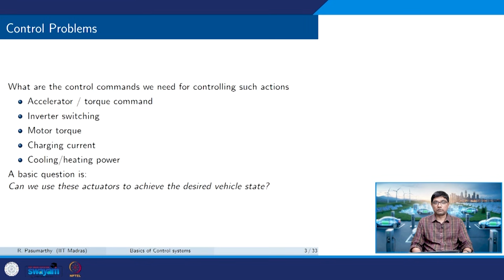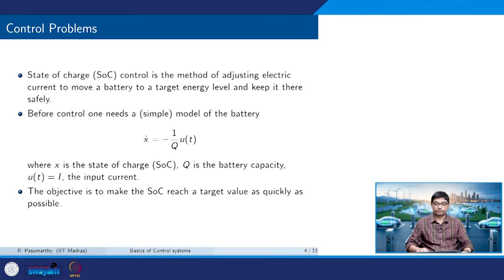Can I control heating or cooling power, and maybe a flow in the case of a water network? So, the question we can ask ourselves is, can we use these actuators to achieve the desired vehicle state? State here could mean not just the speed, but several other things in terms of the battery, the motor currents, and so on.